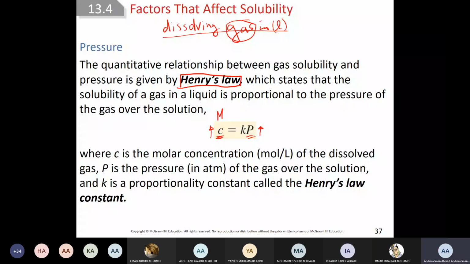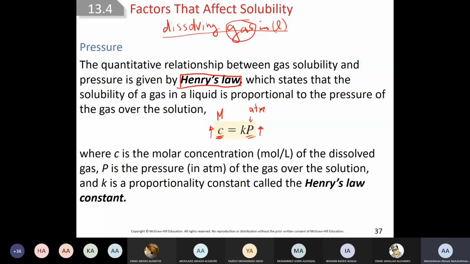And what's P? Pressure. In what? ATM. Or if it's given in something else, what else can we give it in other than ATM?